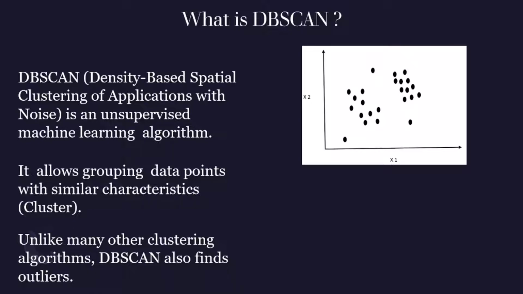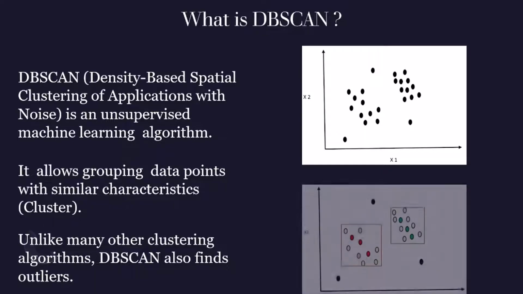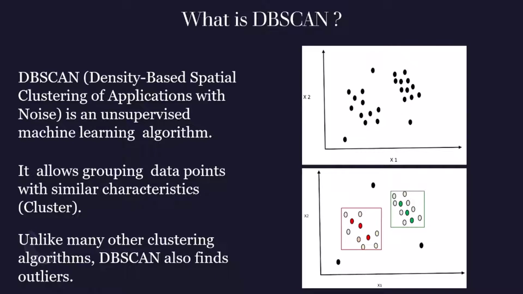But when you apply the DBSCAN algorithm, you will be able, for example, to find clusters. And in this case, you have two clusters. You have the points in red, a cluster, and the points in green, a second cluster.